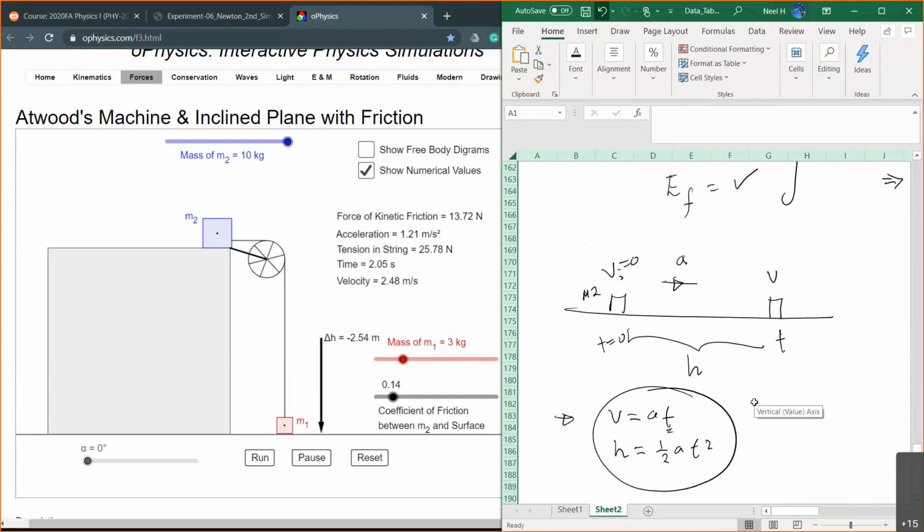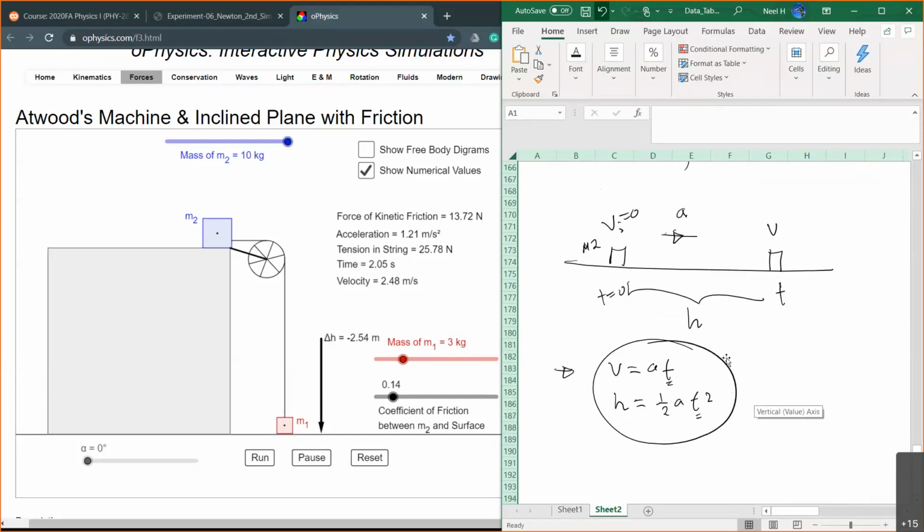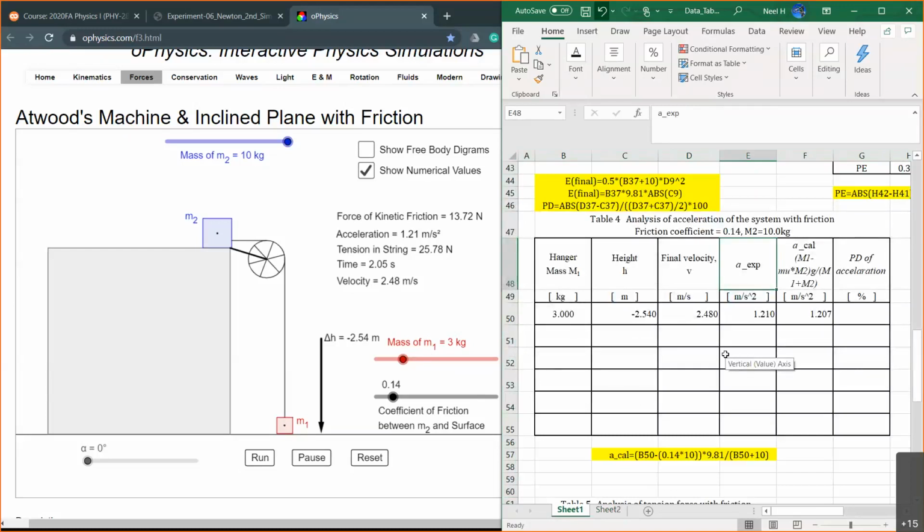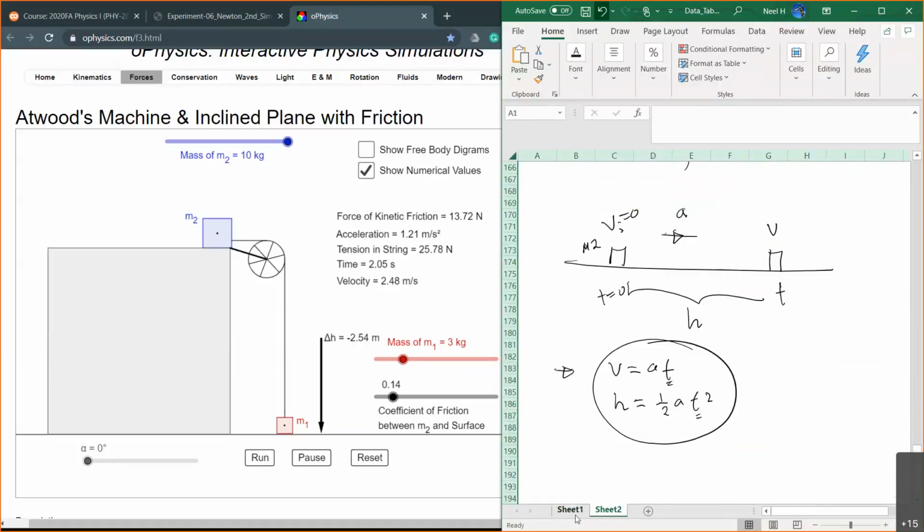That's exactly what we're doing in a class setting. But in class, we can't do it with friction because we can't use that air track with friction. It's designed to work without friction or with extremely low friction, maybe like 0.01 or close to that number. So those are the same two equations we used earlier.